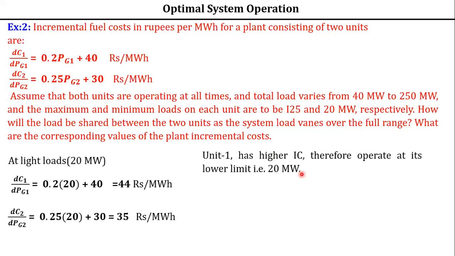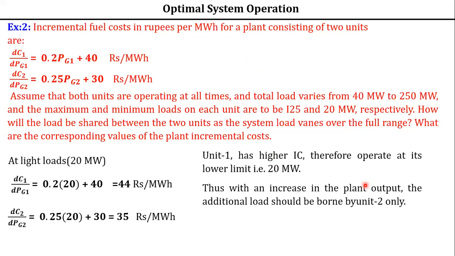So this is the first case. Now let us see here. With the increase in the plant output, the additional load should be borne by unit 2 only. This is what I have explained. Till which point is the question. Okay, now 20 megawatts is there.